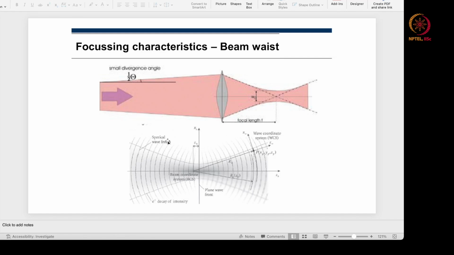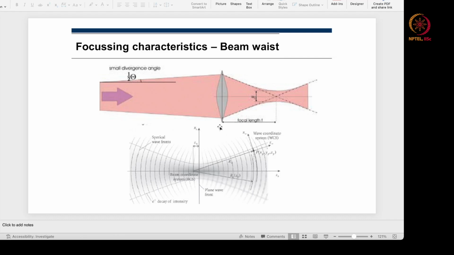These are your spherical wave fronts, and in the waist, where the focusing point is, the wave fronts are more or less planar, and then it starts to diverge once again. So in this very small region in space where the beam is focused, the wave fronts are planar, and this will have a very significant role when we discuss LDV.